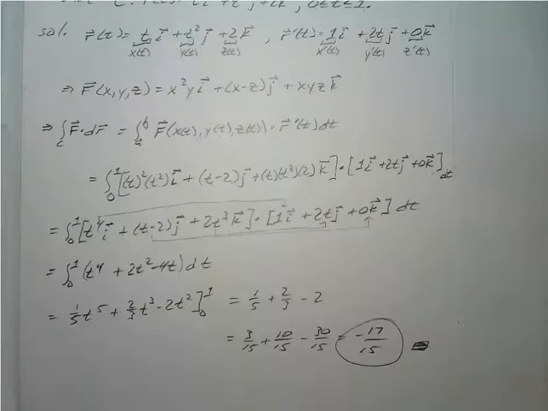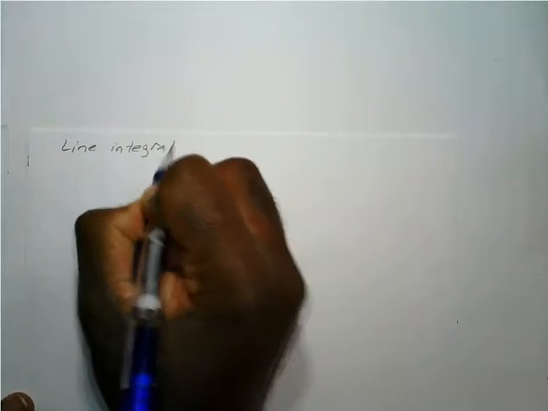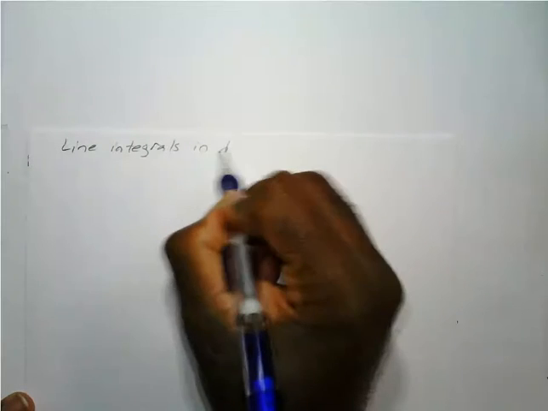Okay, so if you're still writing, feel free to press pause. I'm going to show you one more form that your questions may come in. Okay, and that's line integrals in differential form.